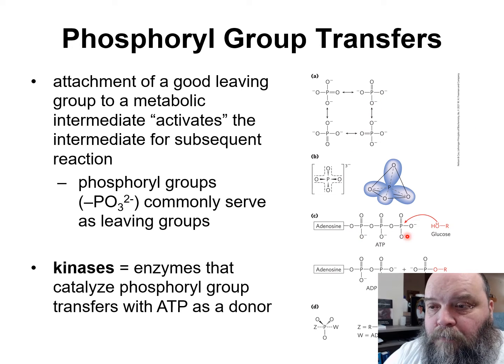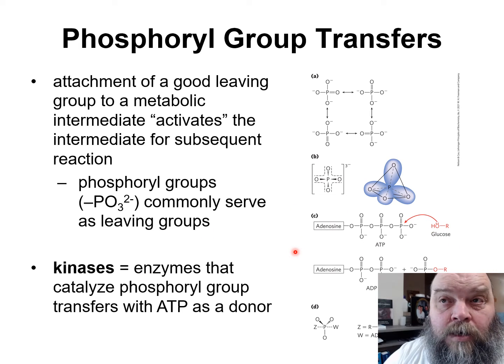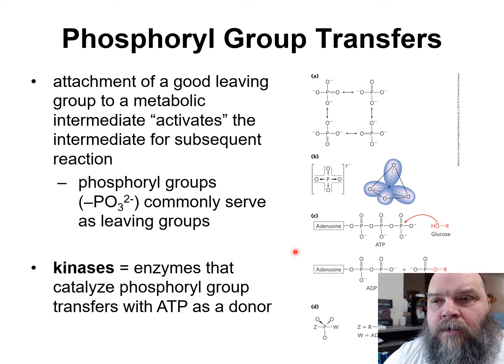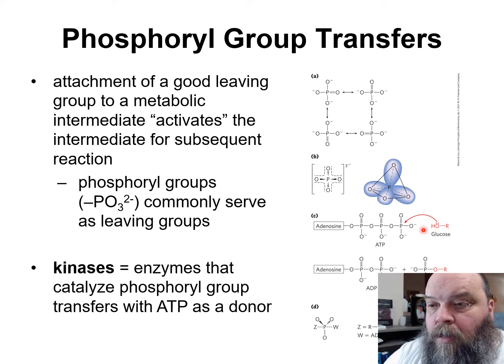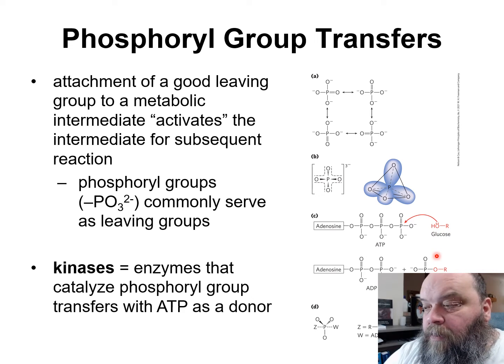All single bonds. But the thing is, as we're going to see with the kinases, the enzymes that strip off this third phosphate and add it to their target substrate, thus transferring that negative 7.3 kilocalories per mole of delta G goodness, you're going to have some nucleophilic attack from a hydroxyl on the target.